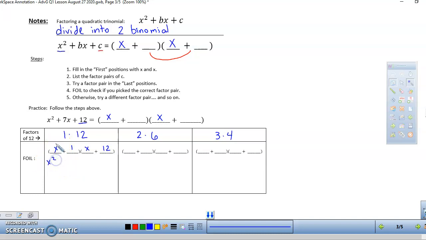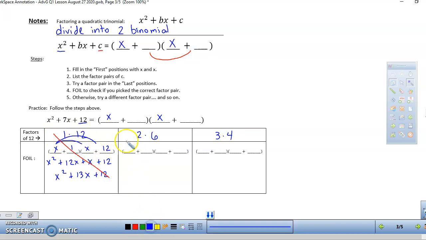So if I FOIL this to see if I have the right answer, it's going to be 12x, and this is going to be 1x. Generally, we just write x, the assumed 1, and then plus 12. Combine like terms, we have x squared plus 13x plus 12. That does not match our original expression, so we know that that is not correct.